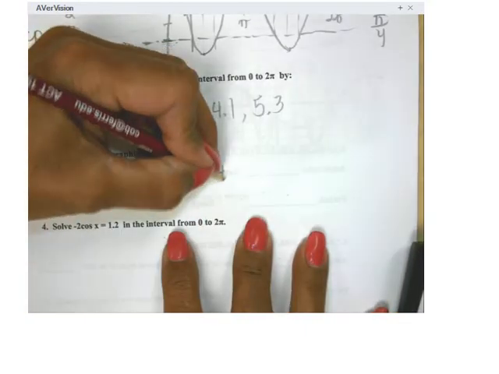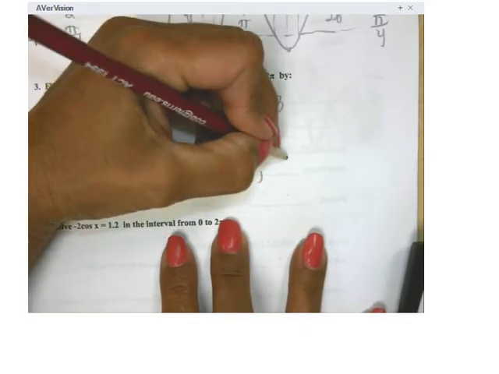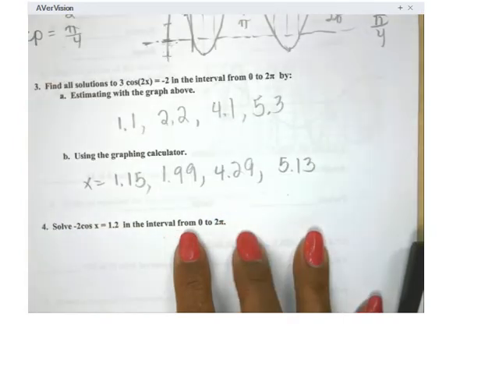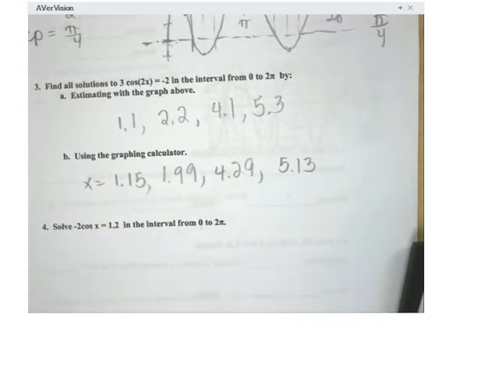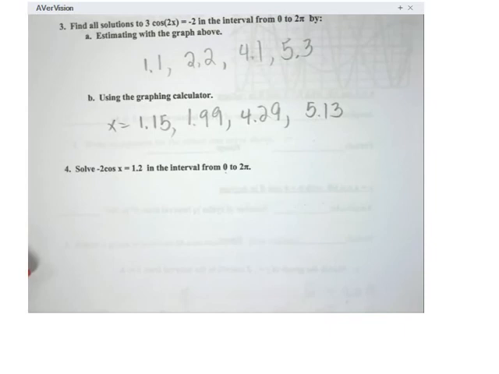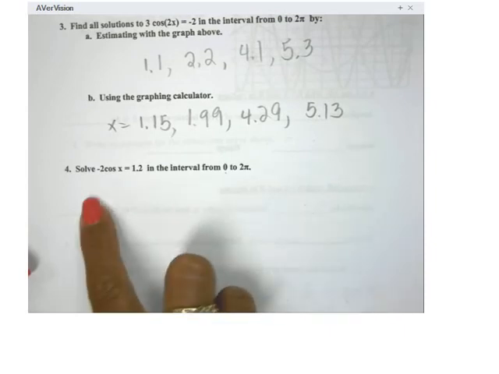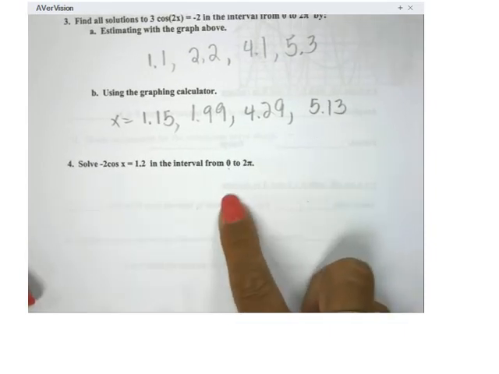Likewise, I can do second calculate, intersect, first curve, second curve, and do my guess, and get the next one as well at 1.99. And I can find all 4 of those spots. And in reality, out to 2 decimal places, or to the nearest hundredth of a radian, those are my solutions.